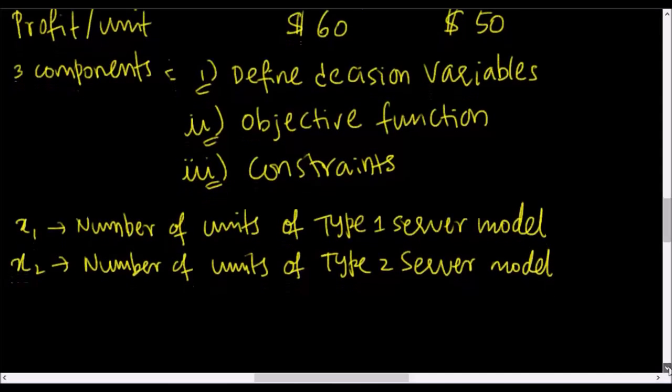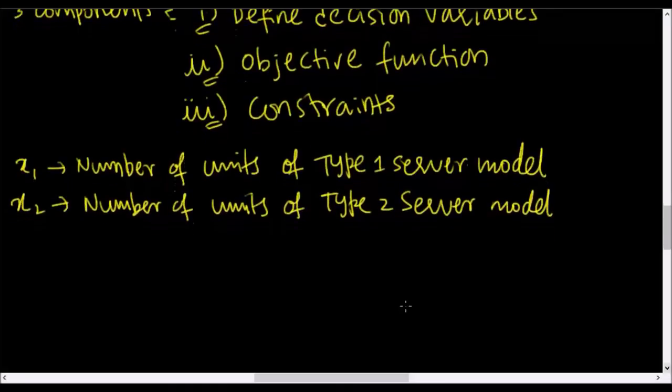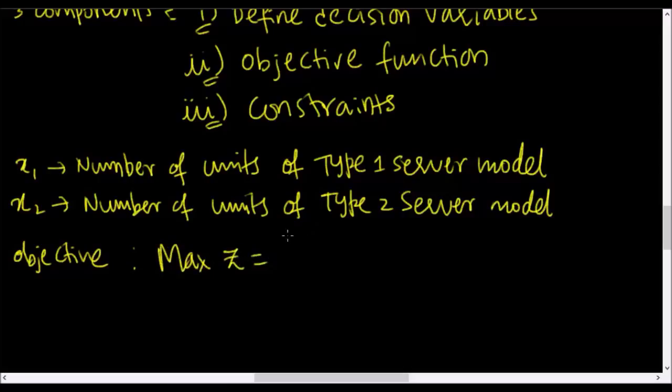Now the second component is to write the objective function. The objective function for this problem is to maximize the profit. The usual representation is that we use Z to represent the objective function. Z is equal to 60x1 plus 50x2, because for every unit of type 1 server sold I get $60, and for every unit of type 2 server sold I get $50.